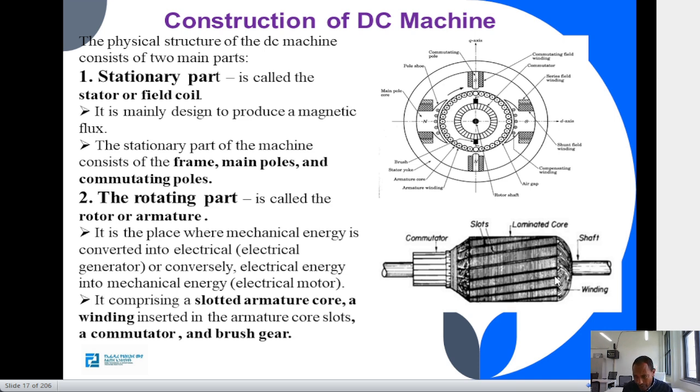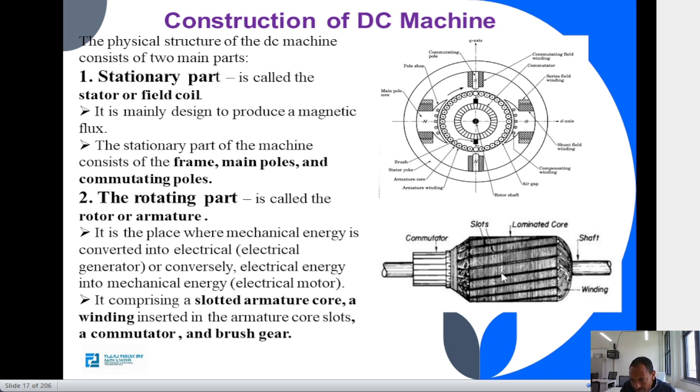It is the place where electrical energy is converted to mechanical energy, or mechanical energy is converted to electrical energy, based on the machine type and size. It consists of slots, the armature slots, which are the place where we place the armature winding, and it has windings here.